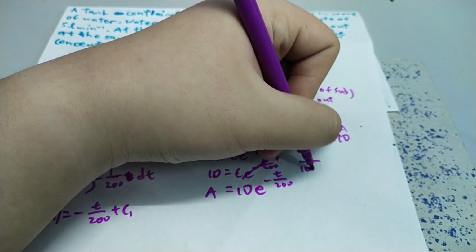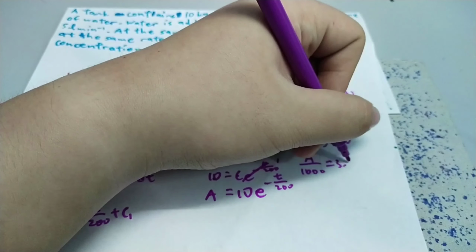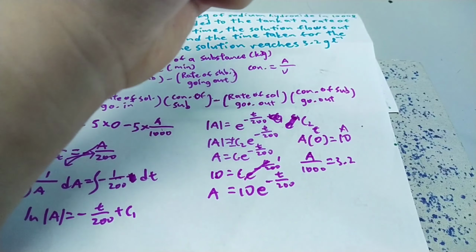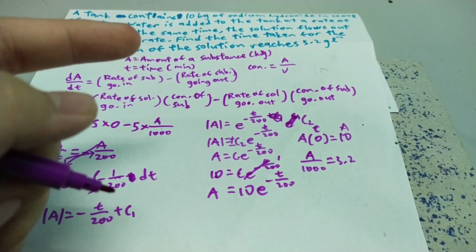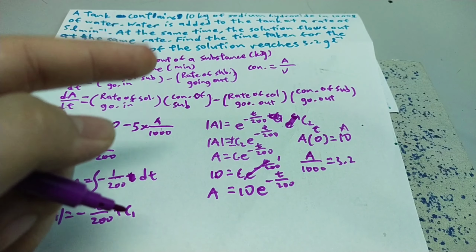A over 1000 is equal to 3.2, and we have to use our mind to match the unit. So where A is measured in kilogram and 3.2 is measured in gram.